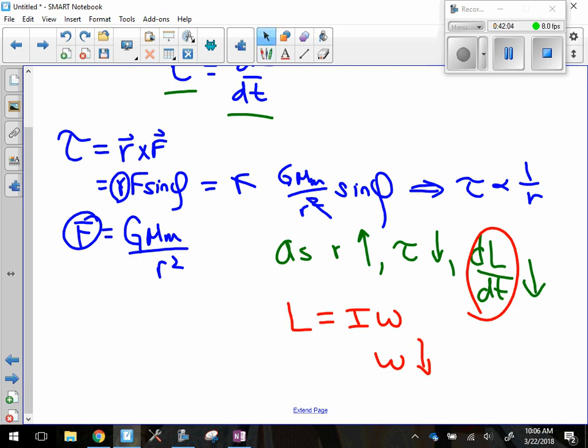Omega is going to decrease too. So that tells you that when the object is far away from the planet, the omega is going to decrease and it's going to move slower, which is exactly what we saw. I don't know if you necessarily need all of this, but it's just a way, once again, to see that everything is consistent.